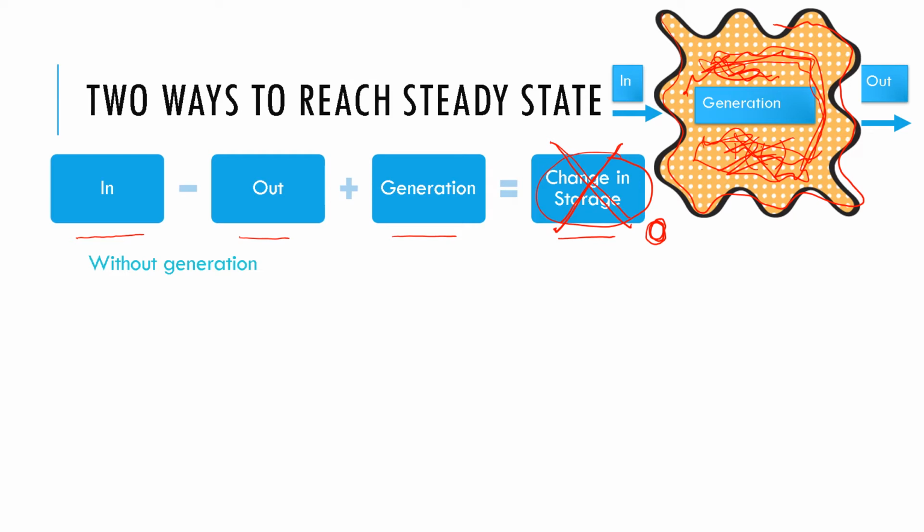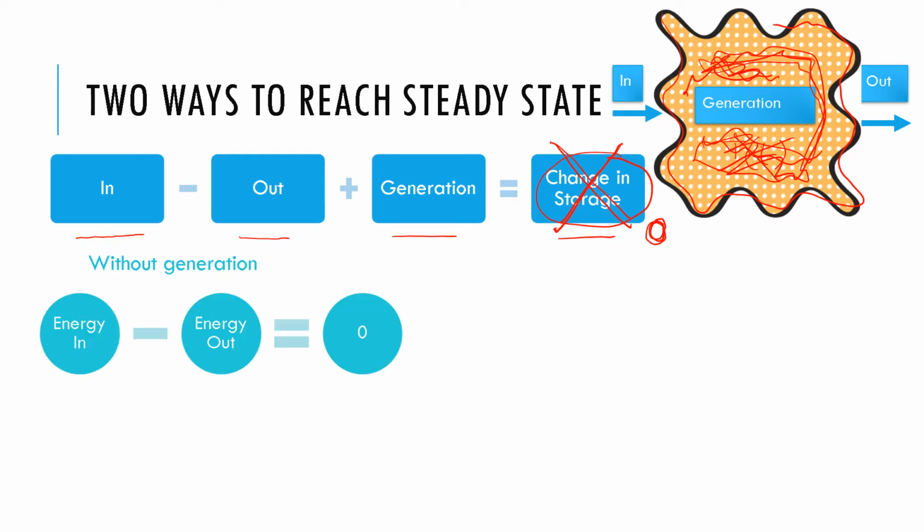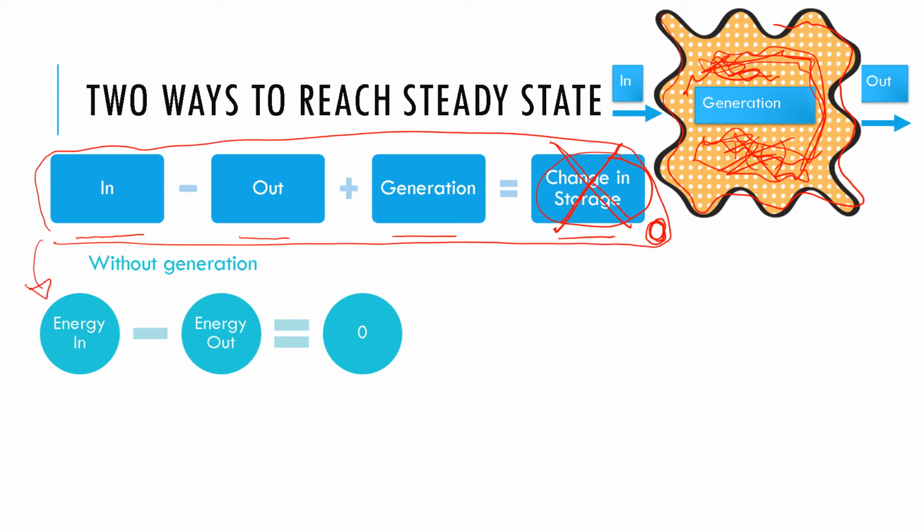One is without any heat generation. Without any heat generation, this equation becomes this: energy in minus energy out is equal to 0. So the discussion is how we can satisfy that.